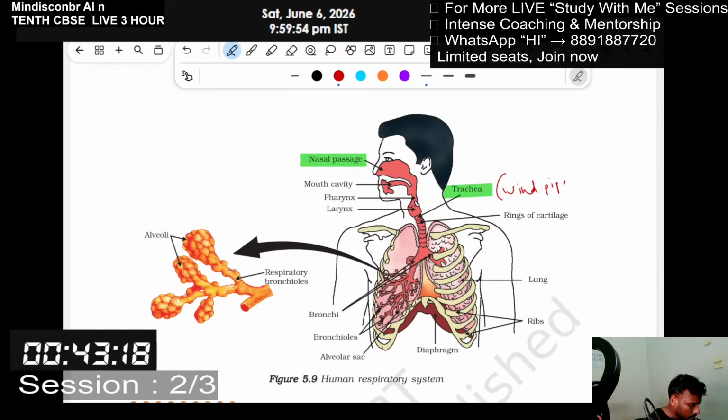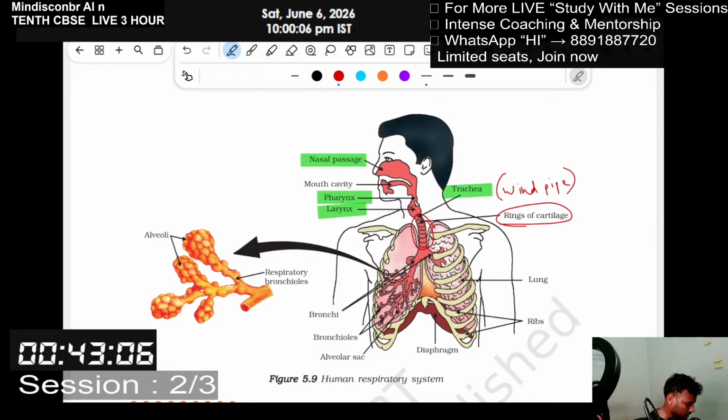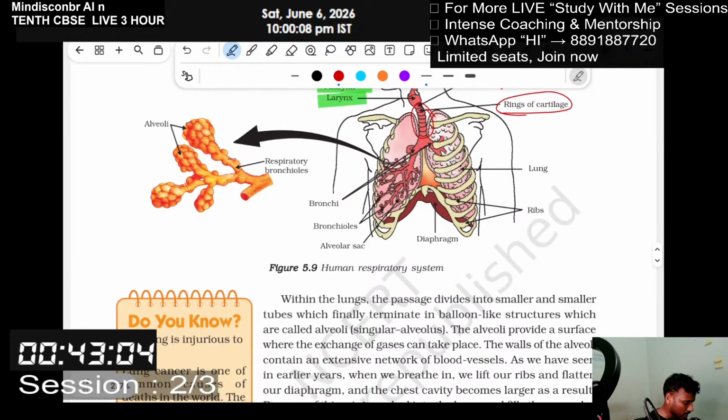Then we have pharynx, larynx. Here are the rings of cartilage, and here you can see lungs. These are ribs, and here you can see diaphragm.